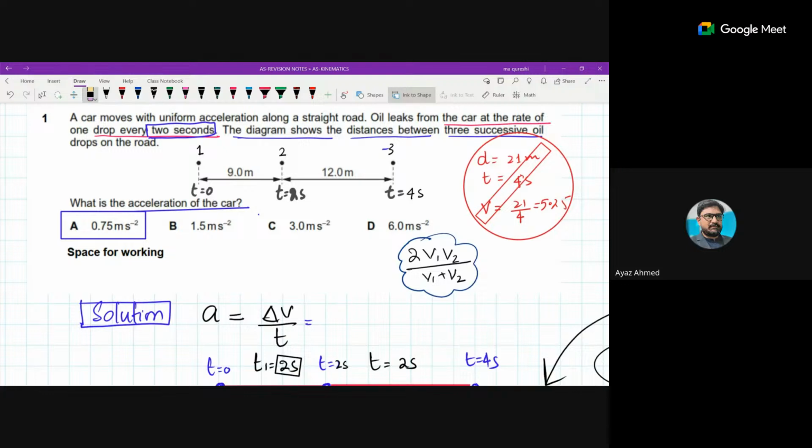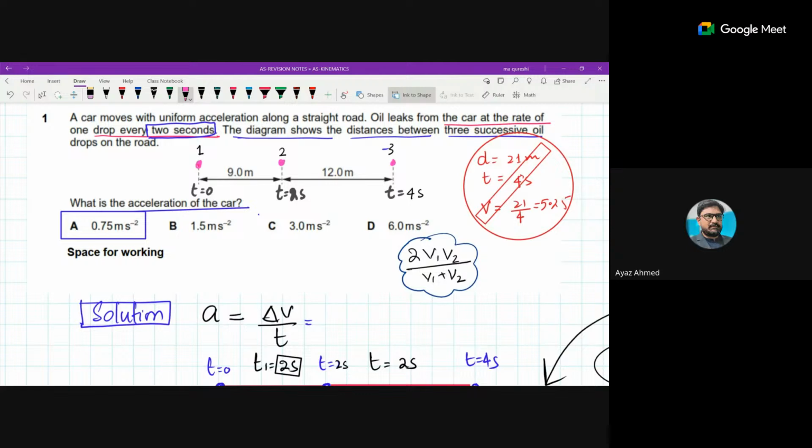So you can simply consider that there are three oil drops, one over here, the second one over here, and the third over here, right? When time starts, when you have noticed the dripping of oil, the car was not starting from rest.